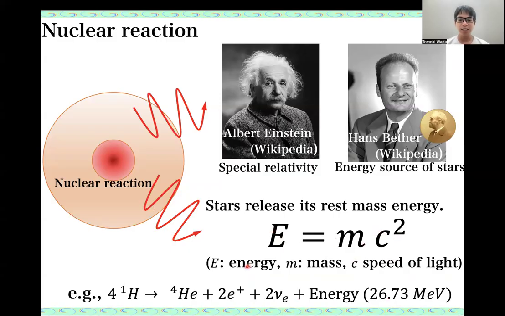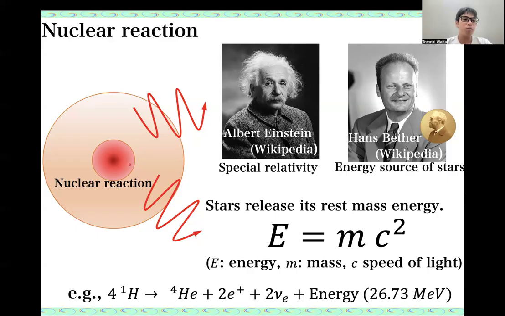Here, E is energy, m is mass, and c is the speed of light. This equation shows that mass can become energy. And this equation is a consequence of Einstein's special relativity. And Hans Bethe proposed the idea that nuclear reaction can be the energy source of stars.